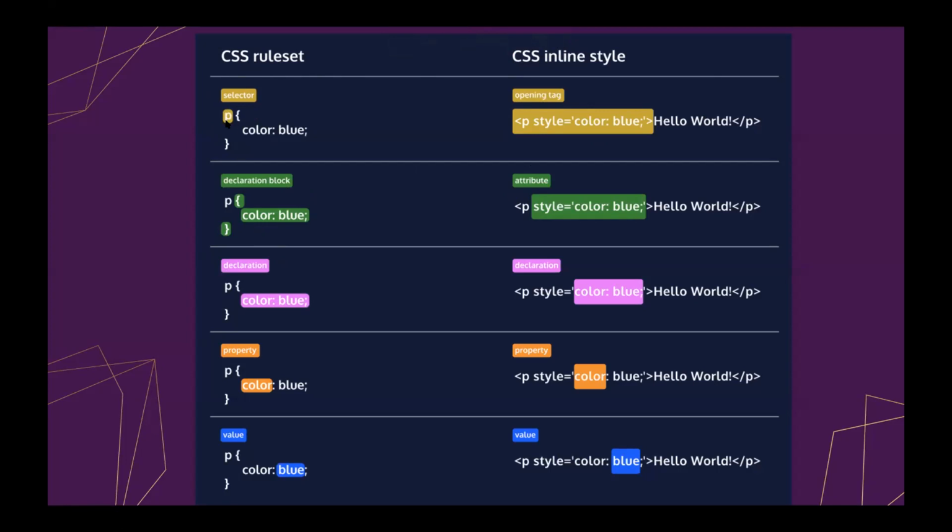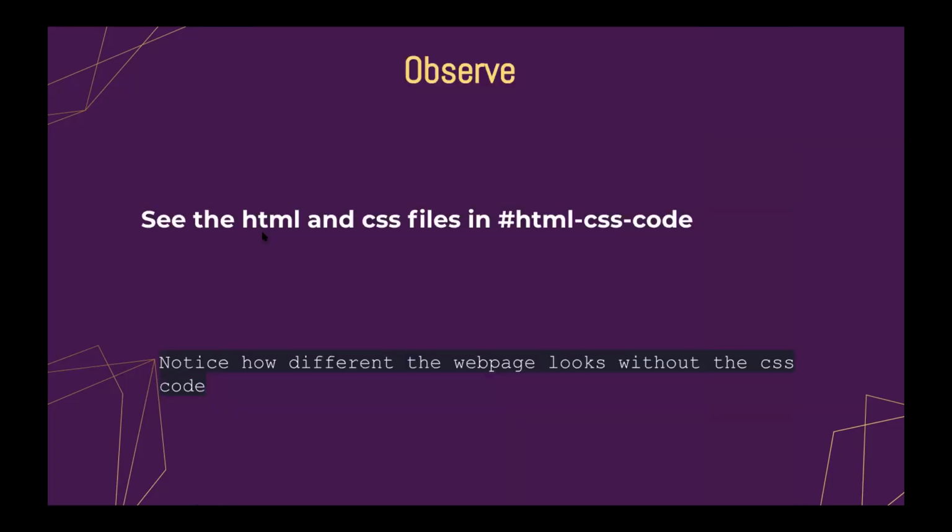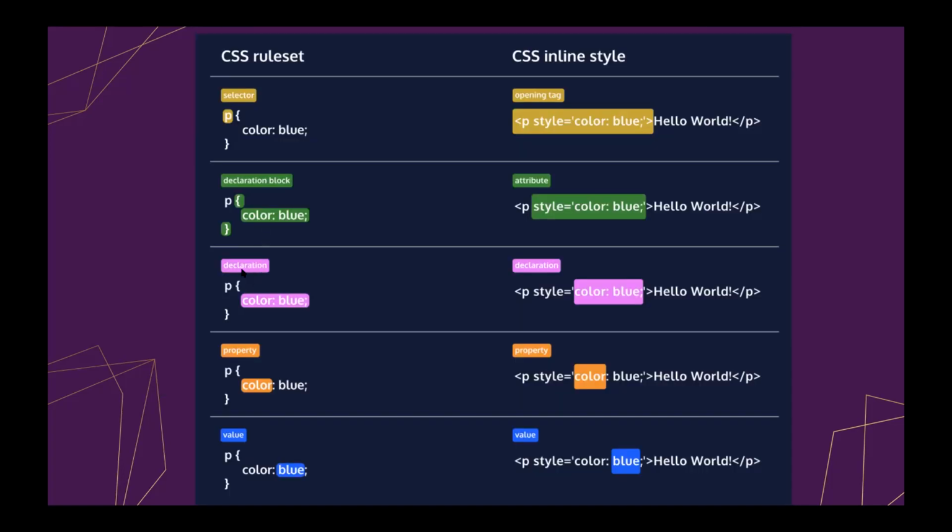You're selecting a paragraph here, for example, which we call the selector. Then you're declaring the block, which is called the declaration block. Then the actual declaration is what you're telling CSS to do. The property you're using can be color, typography, or padding. That's called the property, and then the value that you're assigning to the property.